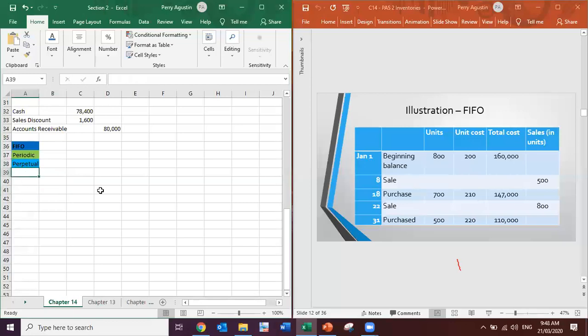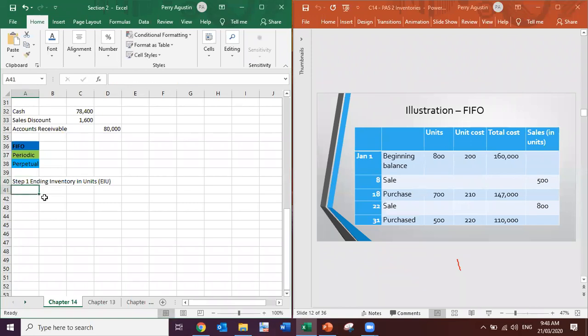So the first thing that I want you to do, step number one, is for you to figure out how much is the ending inventory in units. So let's just put an acronym on that one. That would be ending inventory in units, or EIU.